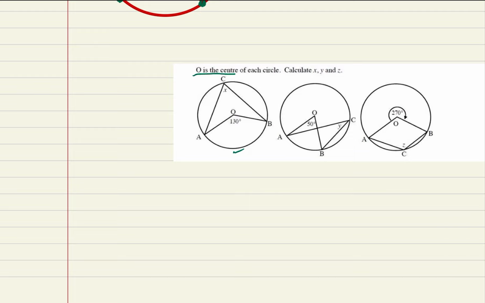O is the center of each of the circles. We are given X here. We are looking for X. How can I find X? I will say angle, normalize. If you are not given 1 and 2s, normalize using alphabets. So this will be angle AOB is equal to 2 times angle C. Why?